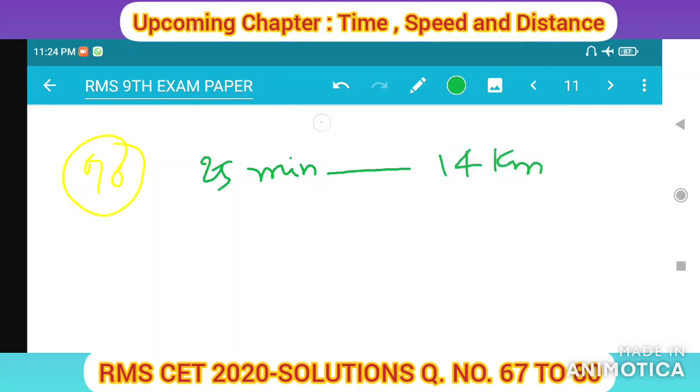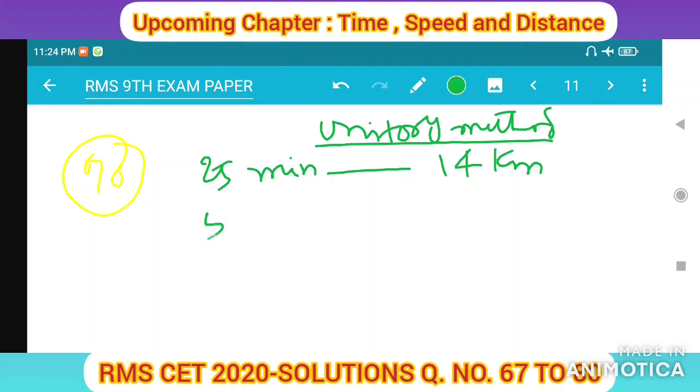By using the unitary method. In 25 minutes it covers 14 kilometers. So what is asked? In 5 hours. This is in minutes, so 1 hour is equal to how much? 60 minutes. So 5 hours into 60 minutes, how much distance is covered?